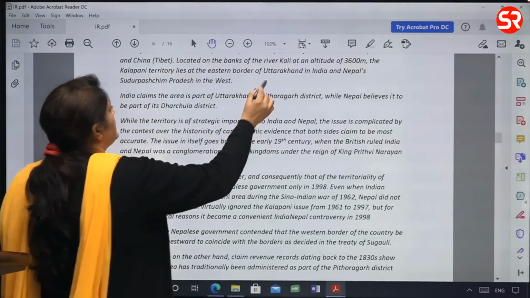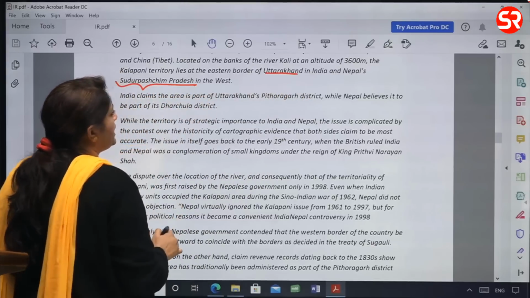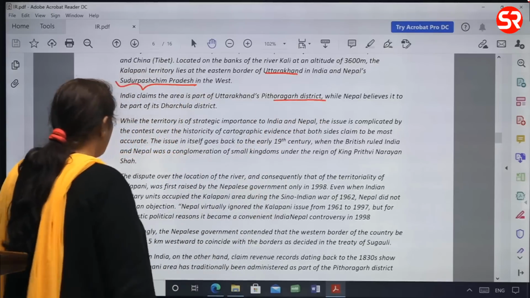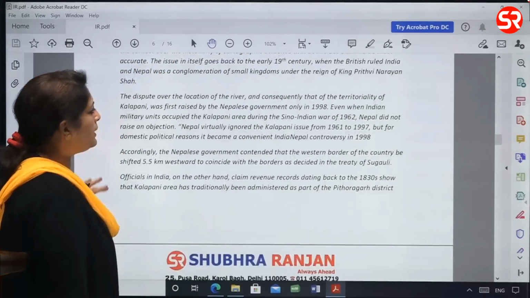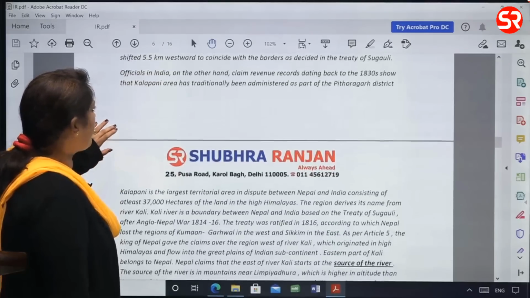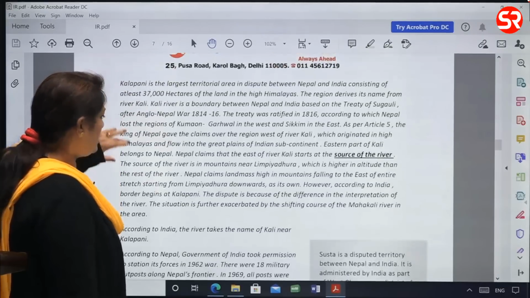Nepal even considers the entire Uttarakhand as its own Sudur Paschim Pradesh. India says it is a part of its Pithoragarh district, and this is about what the official records say.